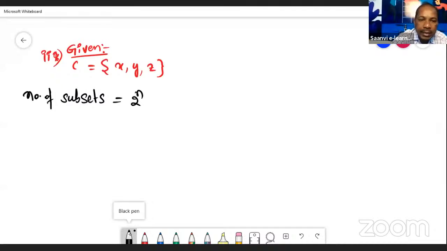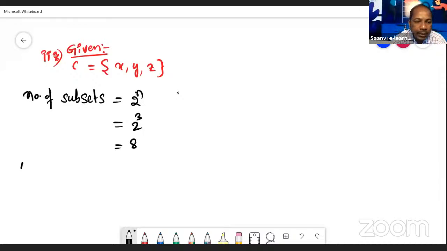Here n is nothing but the number of elements in the given set. How many elements are there in the given set? 3 elements are there. So n is equal to 3. So it means 2 cube. 2 cube value, how much it is? 8. It means from this set, we get total 8 subsets.